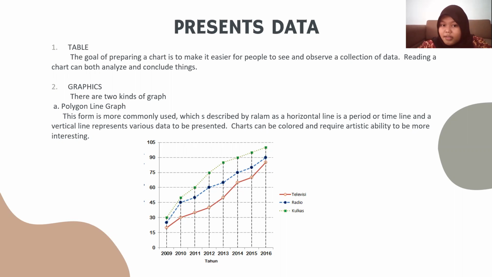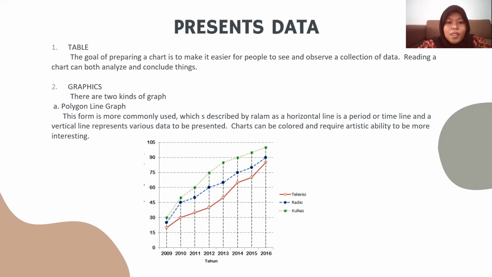The picture already shows that the red line represents the sales of television, the blue line of radio sales, and the green line of refrigerator sales.